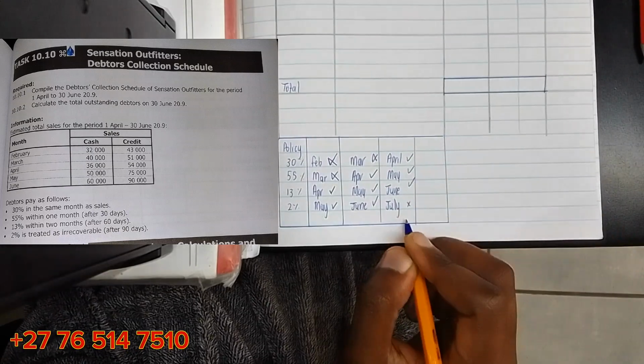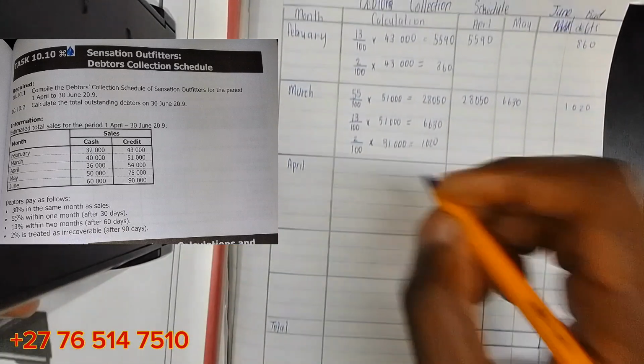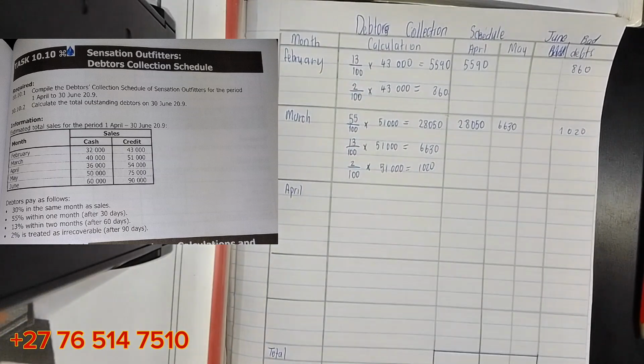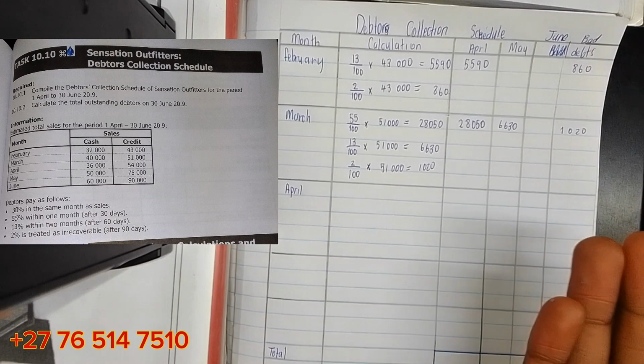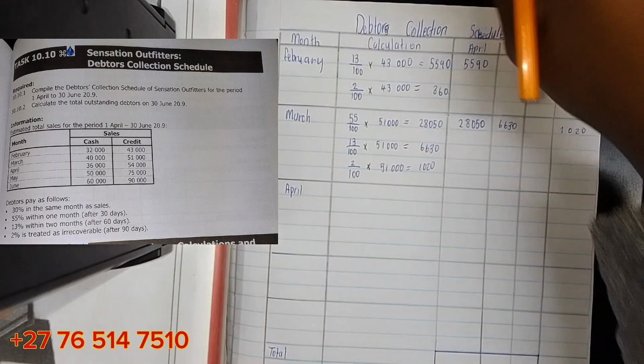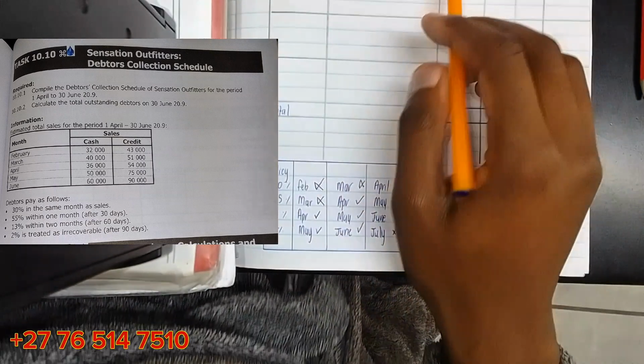This one is not there, so we don't calculate for July. So let's move on. This is an easier method, guys. I know your teachers don't actually use this format, but this is the easier way of understanding it. Whatever format comes in your exam, you'll probably understand it because it's almost the same thing. All right, let's continue.